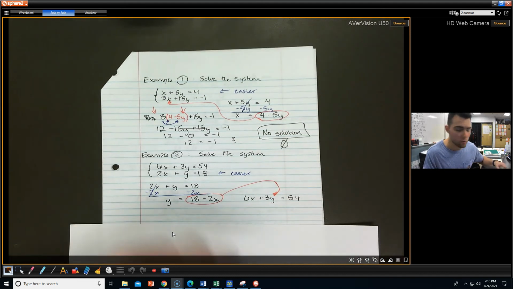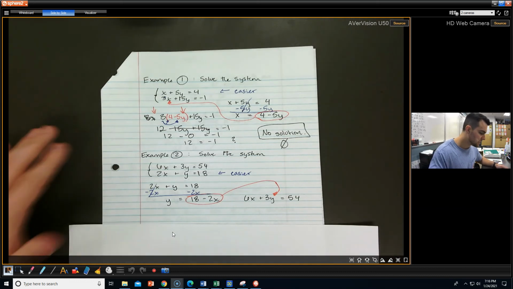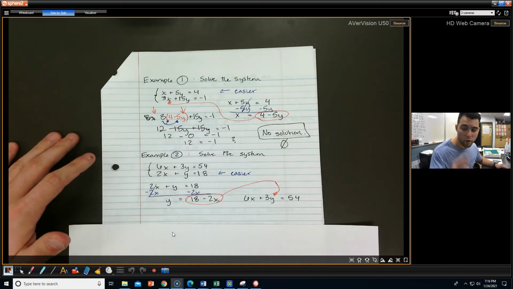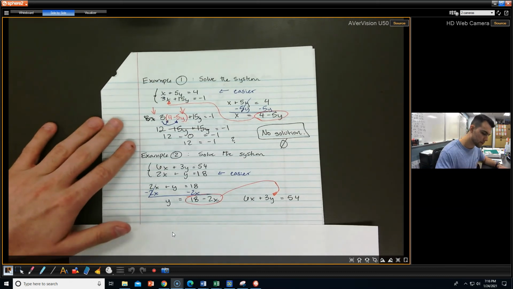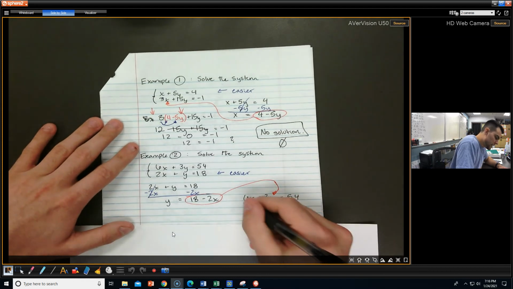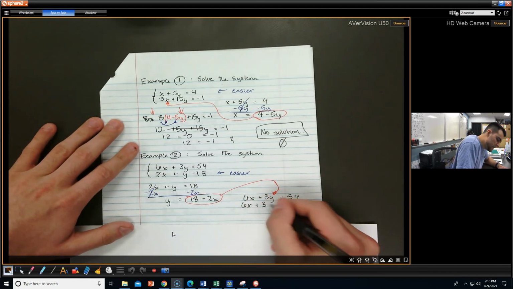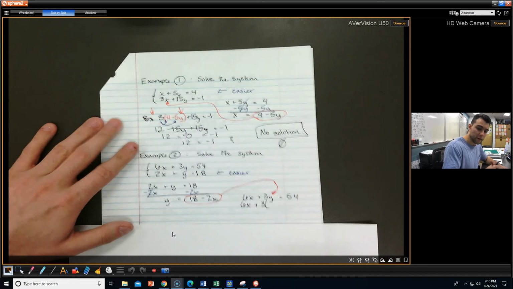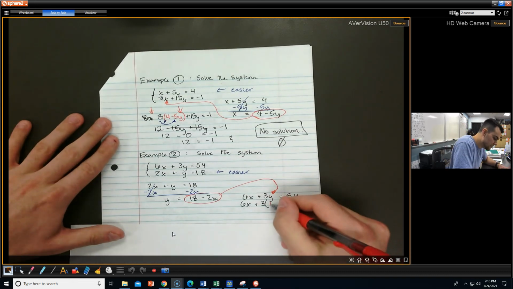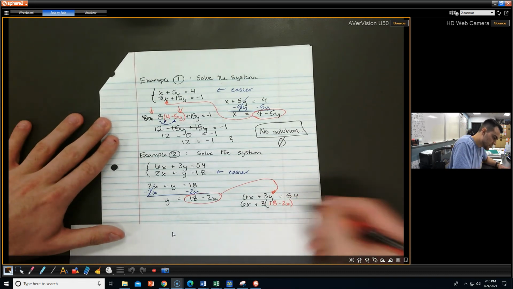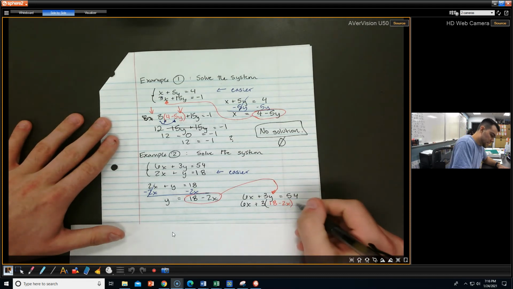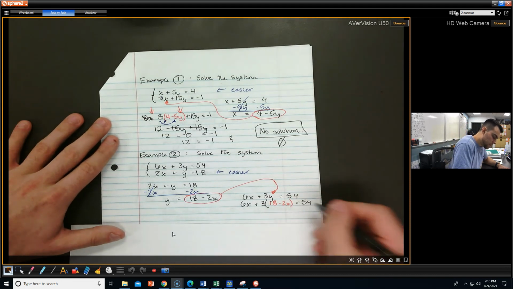It's kind of like our bell work, what we've been doing. If a teddy bear is equal to 4, well, that teddy bear is always equal to 4 in that given problem. So we're going to end up with 6x plus 3 times the quantity, which is now 18 minus 2x. And that's going to equal 54.